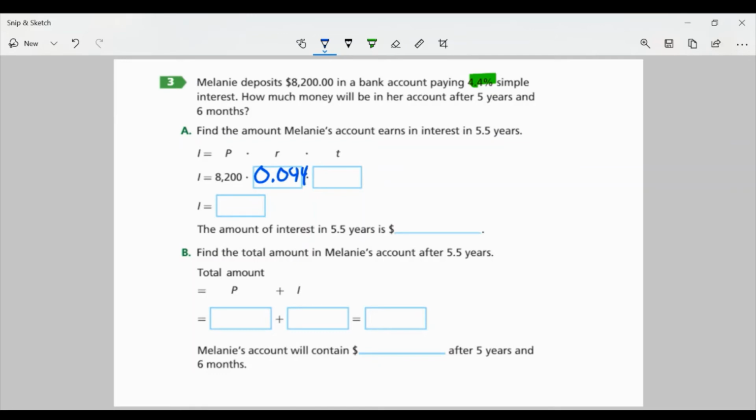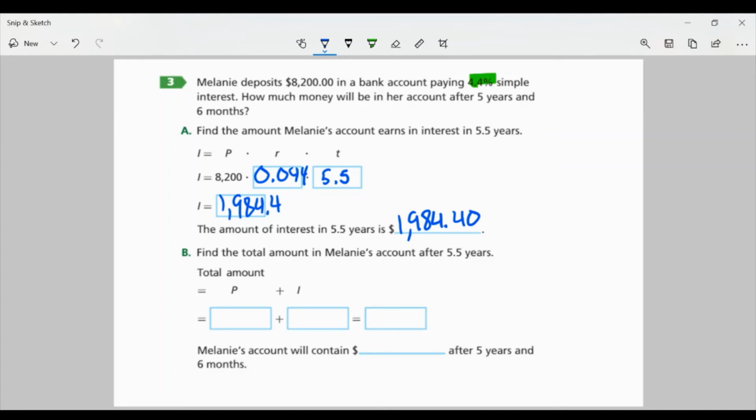And we're going to multiply that by the time, which is 5.5 years. Once we multiply all of this together, I get 1,984.4. Now, of course, this is dealing in money, so the amount of interest after the 5.5 years would be $1,984.40.